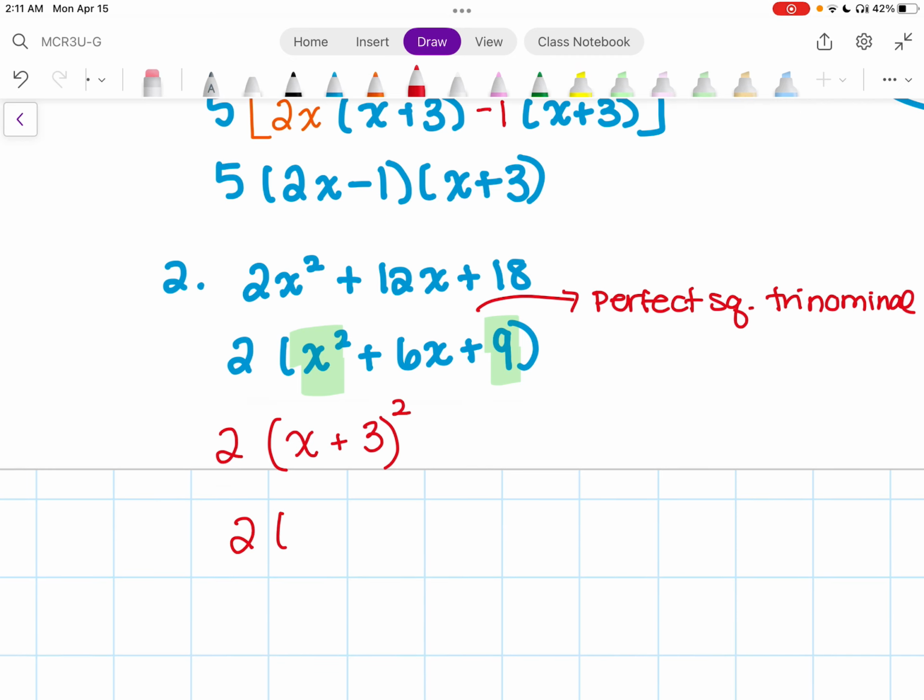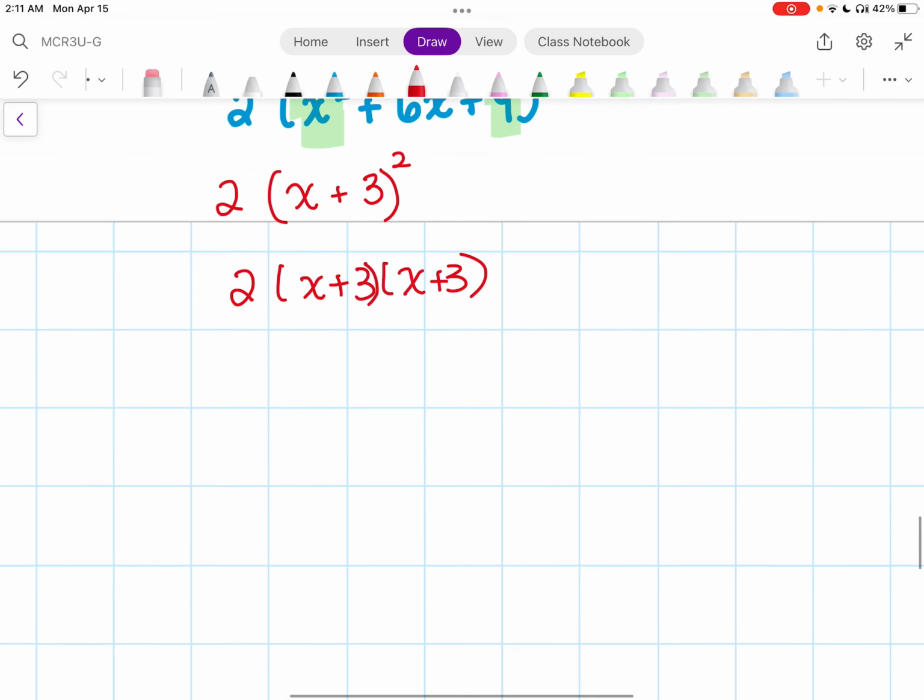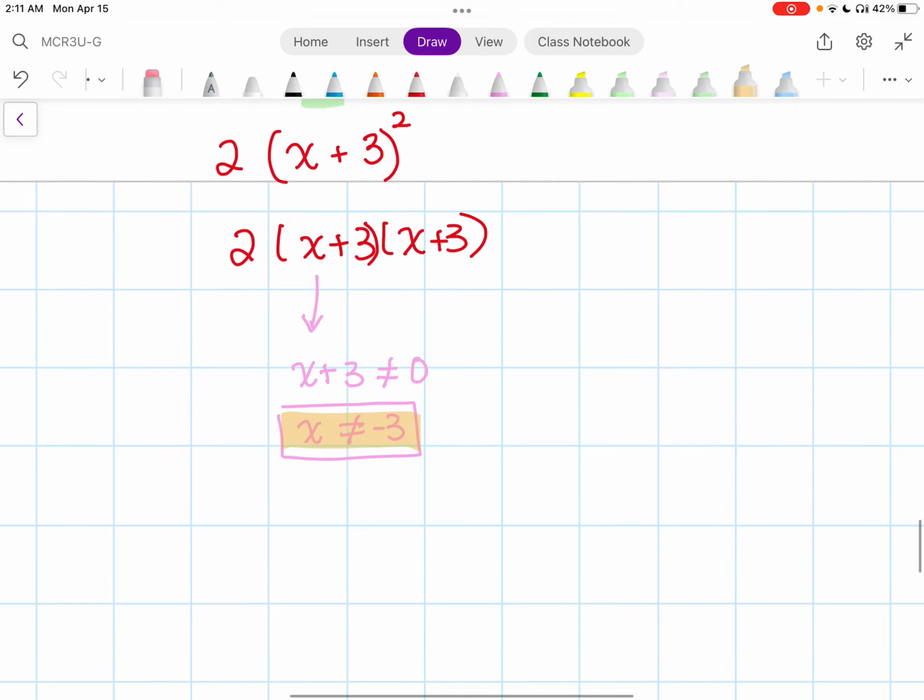I'm just going to break this down into x plus 3, x plus 3. And I think you'll understand why shortly. Just trust the process. But this bracket, x plus 3, cannot equal 0, right? So x cannot equal negative 3, and because they're the same brackets, it's the same restriction on both.